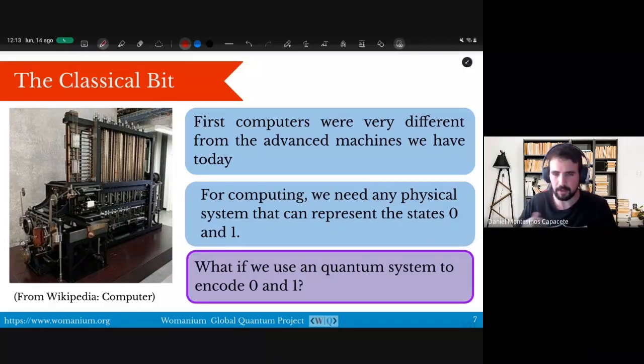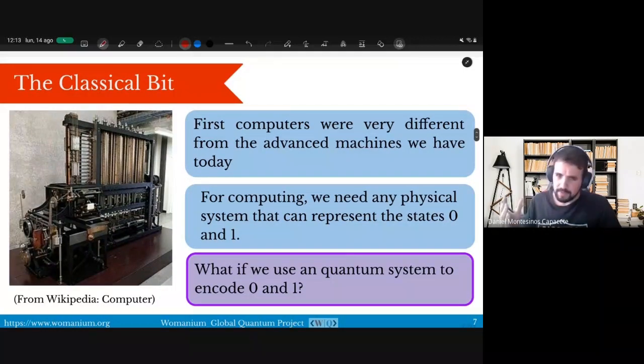And here is just some mechanical tubes doing different movements, and that's how they encoded 0 and 1 in this big machine that was capable of doing almost anything compared to what we can do now with our computers.